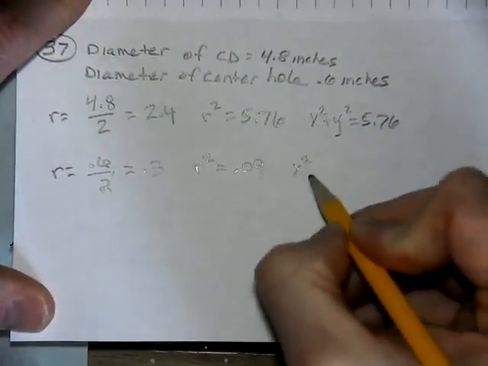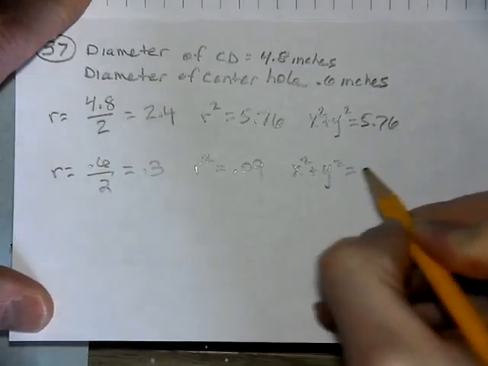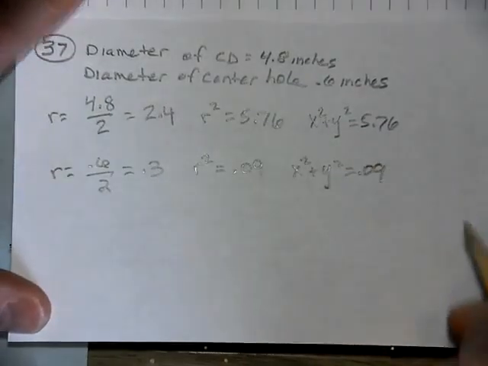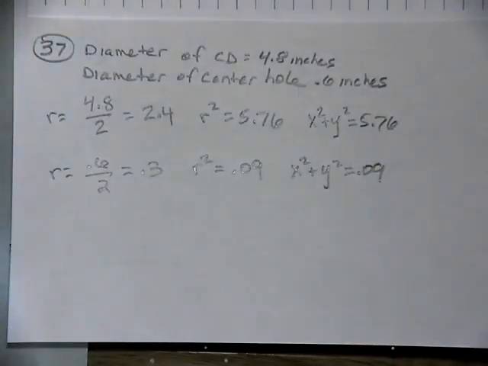So now we have x squared plus y squared equals 0.09. Those are the equations of the circles that represent a CD, the outer edge and also the inner circle of a CD.